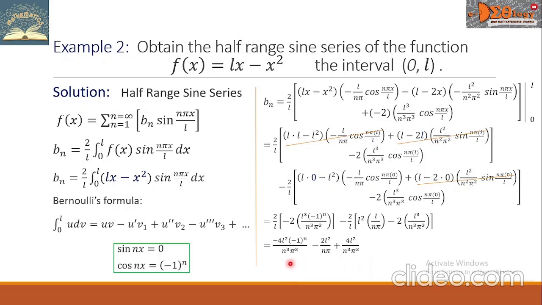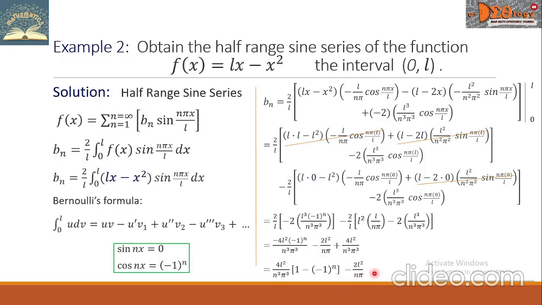Look at the first fraction and the third fraction. There is common in them. We can rewrite this into 4L squared over n cubed pi cubed times the quantity 1 minus the -1 is raised to power n. Minus, we just copy the second fraction down here.